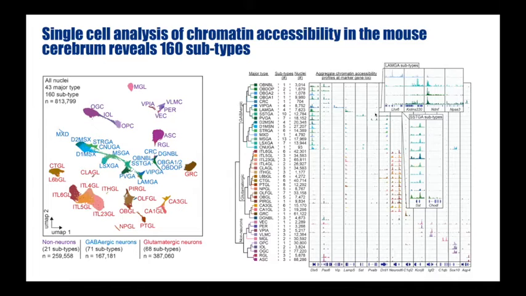As I mentioned before, we extracted the cells from each major type and performed another round of subclustering so that we can find multiple subtypes. For example, the SST GABAergic neurons can be further divided into 10 subtypes, and one of them has open chromatin signals at the Trodo gene locus.